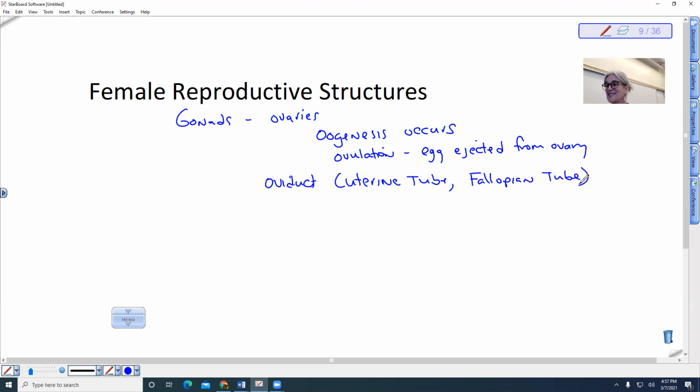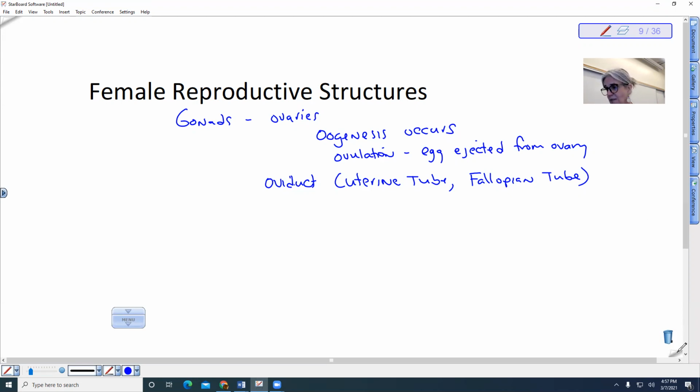Okay. So it has to actually create a current, and there are cells with cilia that suck the egg into the oviduct. Sometimes the egg doesn't get sucked in and it remains in the body cavity where it just disintegrates, but that's a very interesting thing about the reproductive structures.